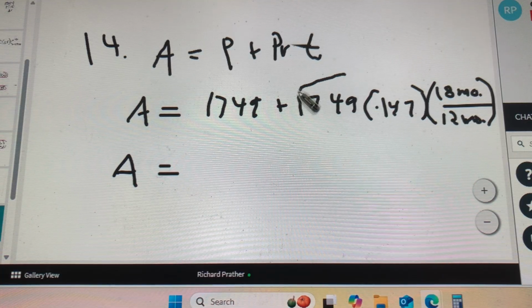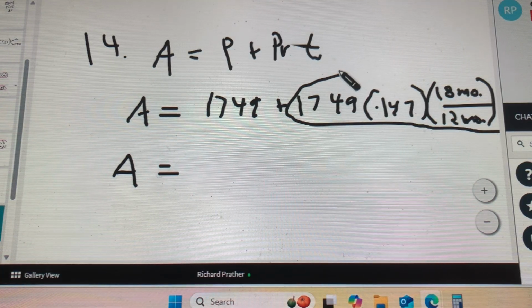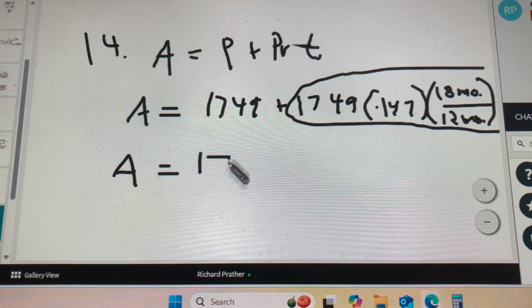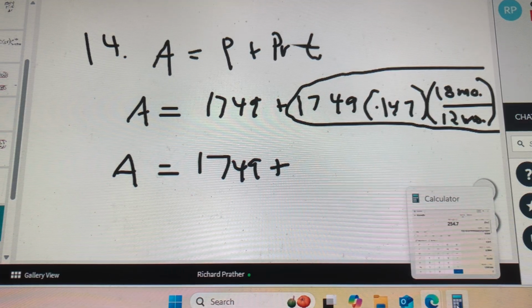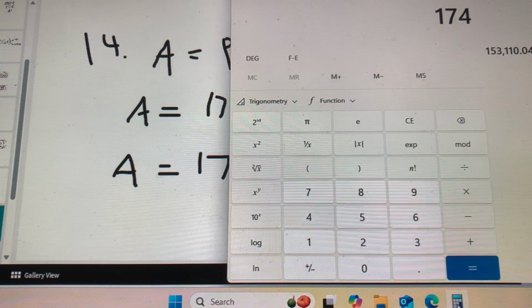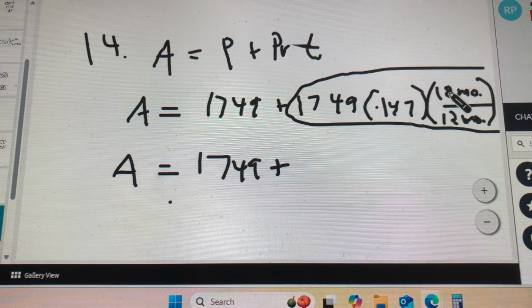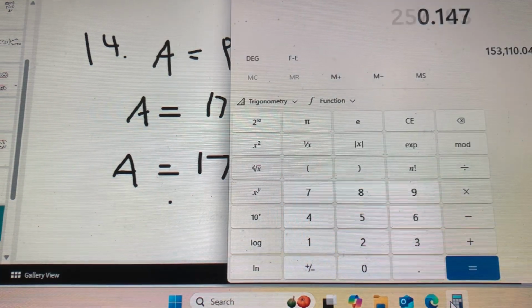So do everything after the plus sign first. So 1749 times 0.147 times 18 divided by 12. You can do all that together.